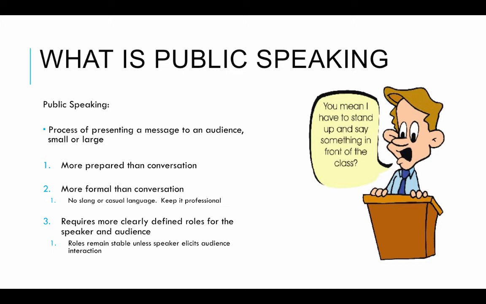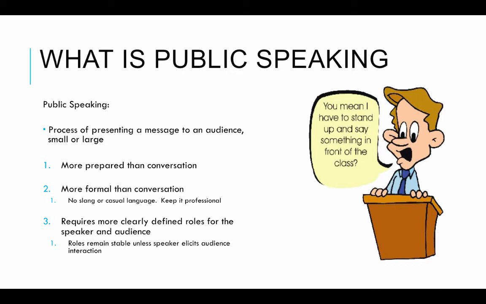The third element is that public speaking requires clearly defined roles for the speaker and the audience. Those roles generally remain stable unless the speaker asks for or elicits audience interaction. What we mean by that is, if you go to a speaking event and you know someone is going to be speaking, generally we're going to remain quiet. We're going to listen, take notes, and provide eye contact.